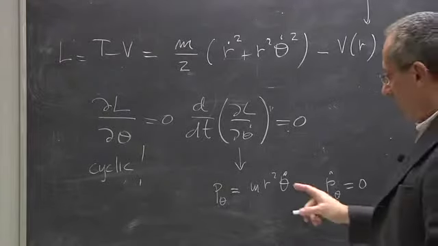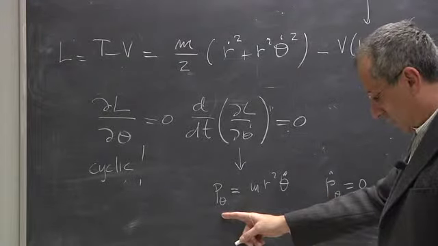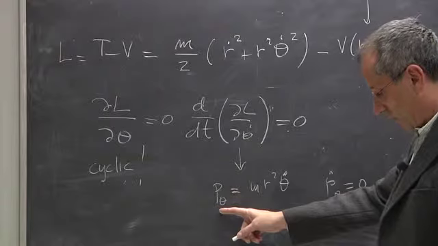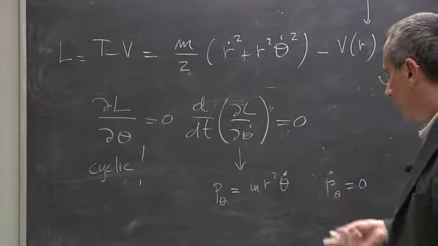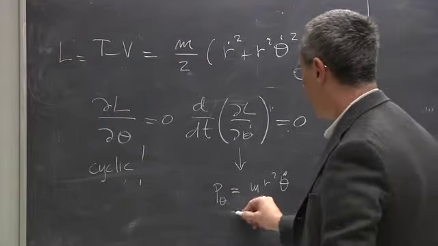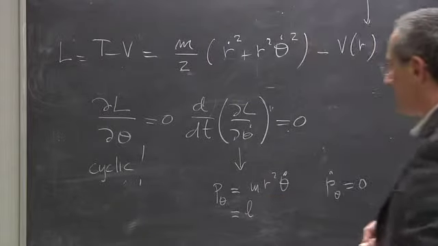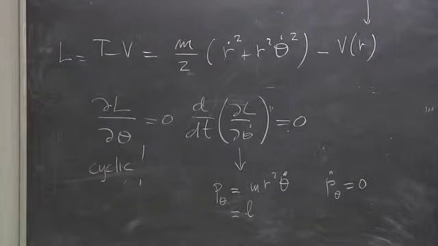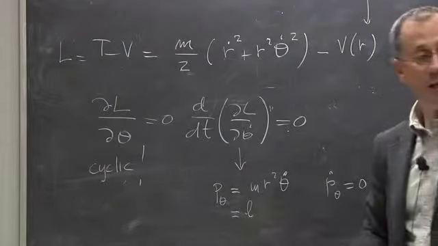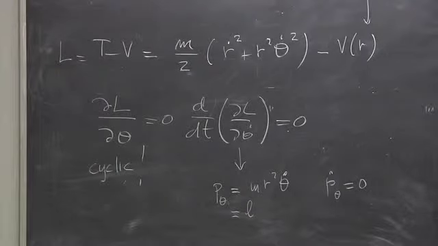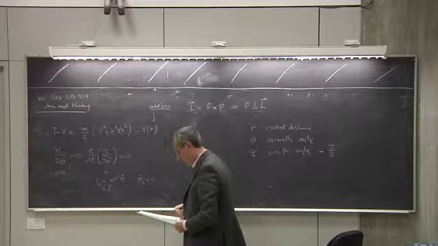So that means I can give a name to this. I already gave the name here, but usually by convention, this thing is also called the angular momentum, right? That component. So p theta is usually indicated as little l. So we will switch from one to the other.